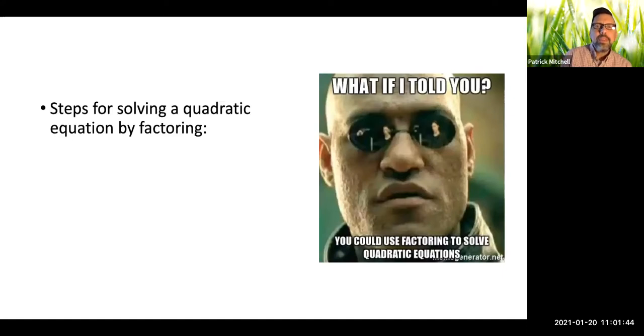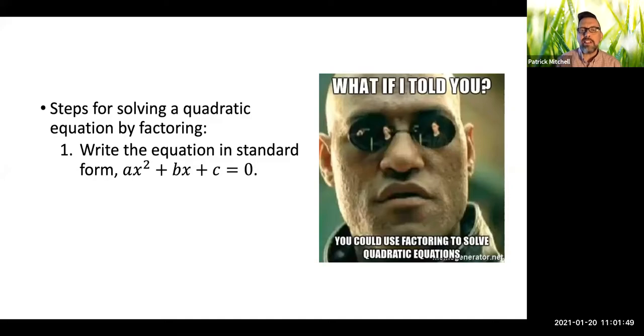Here's how that's going to go. The first thing we're going to do is write the equation in standard form. A lot of times they already come in standard form, but sometimes they don't. Then we're going to factor the left-hand side. Remember, factor means write the expression as multiplication, as a product.